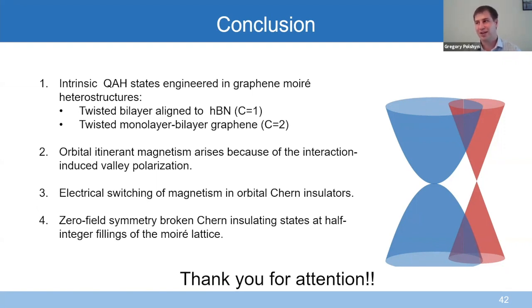The state of the art is that people do 2 twists. It's either alignment to hBN, or, for example, a twisted trilayer with the central plane twisted. So I think that is the limitation. Of course, in principle, one can think about more extended structures where you have some interesting alternation of twist angles which persist over many layers. But it's just practical difficulties for doing that. Yeah, thank you.